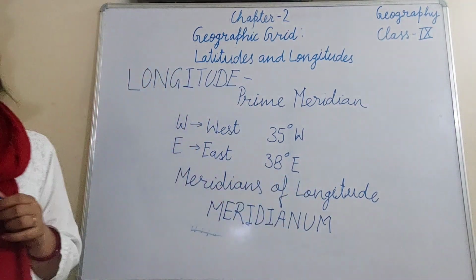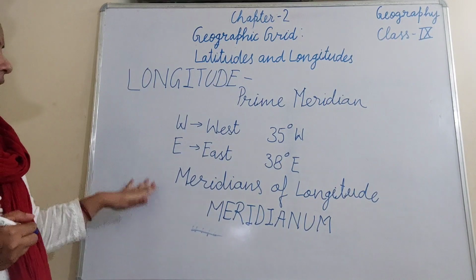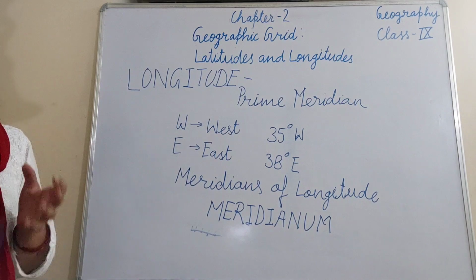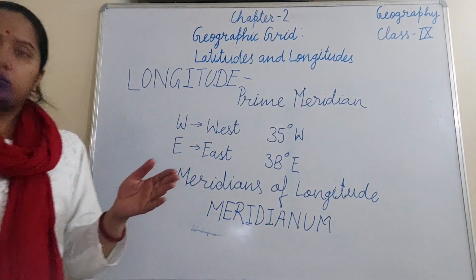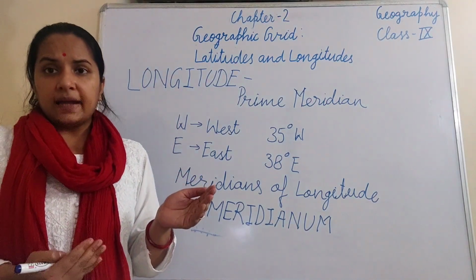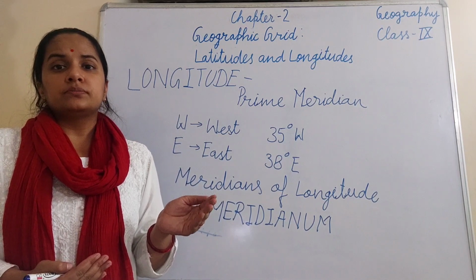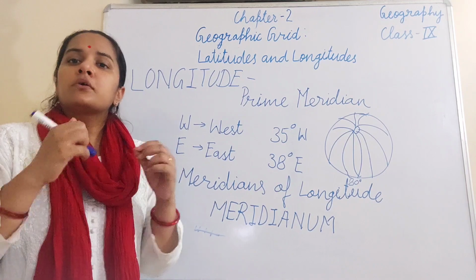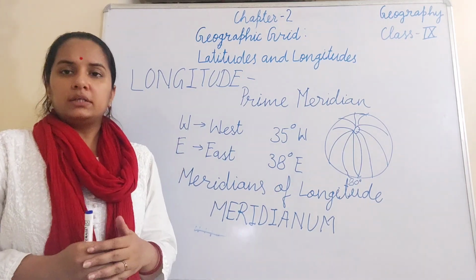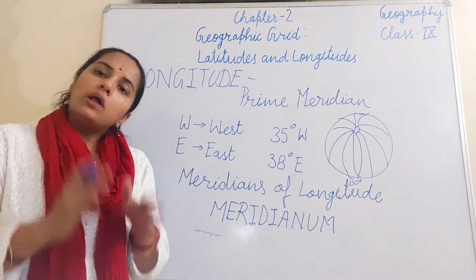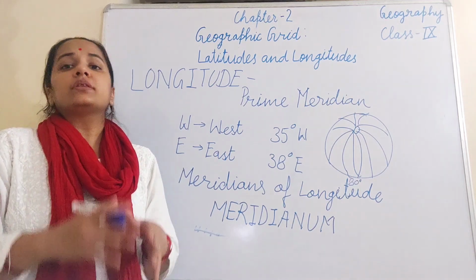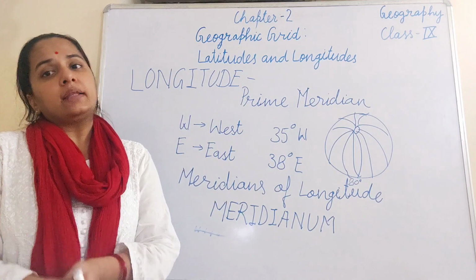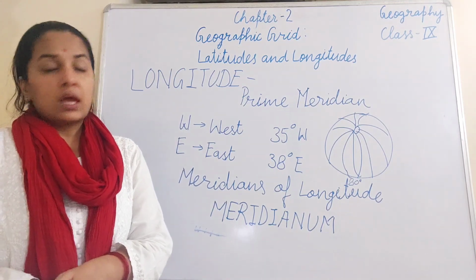So that's why these lines are the meridians of longitude. The sun crosses a particular meridian at noon. So all the places that lie on that particular meridian will have noon at the same time.